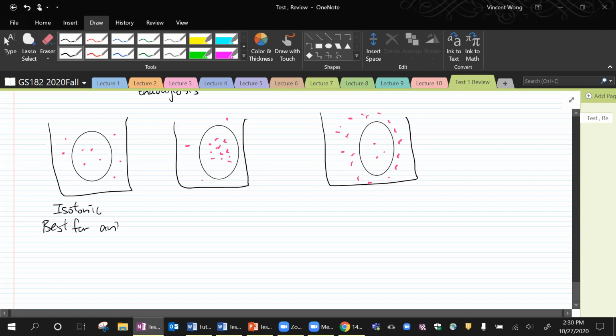Isotonic is best for animal cells. This one is hypotonic, because the water is going to come in. There's more water coming in than leaving, and the cell is going to swell and burst, so lysis could happen, unless it's a plant cell.